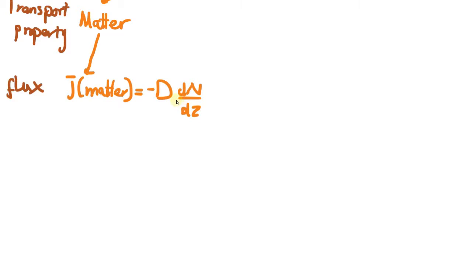Therefore in total it is increasing as the flux of matter increases. Therefore, to make this matter flux positive, which is always greater than 0, we need to make our specific D negative.